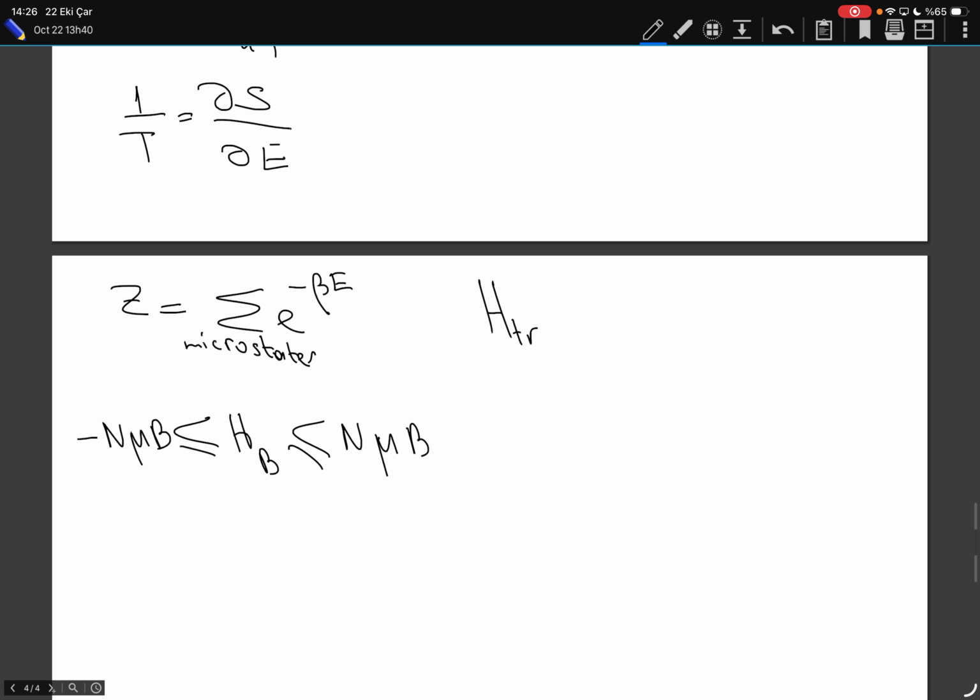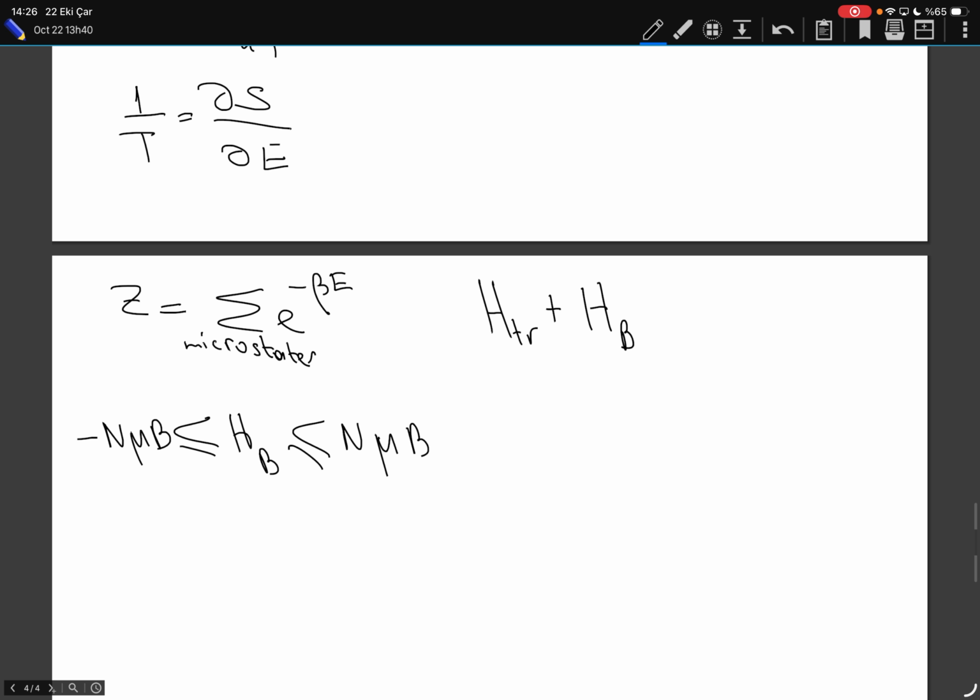Okay, how can we create such a system? Well, we can create such a system only if we can separate the translational degrees of freedom from the magnetic properties. If the interaction between the translational degrees of freedom and spin degrees of freedom is weak enough, then we can create such systems.